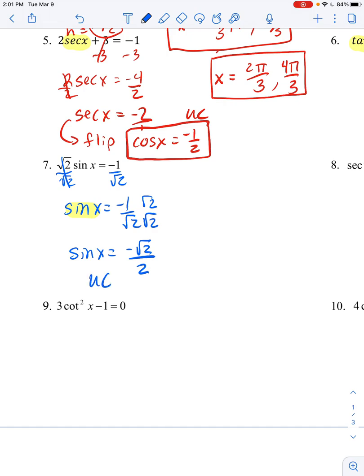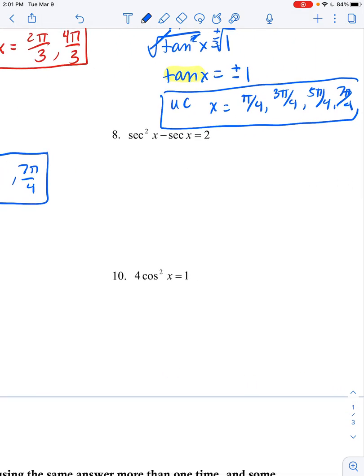So where on the unit circle is the sine, which is the y coordinate, equal to negative root 2 over 2? I'm looking for the sine to be negative. So that is going to be at 5 pi over 4, which has a y coordinate of negative root 2 over 2, and so does 7 pi over 4.